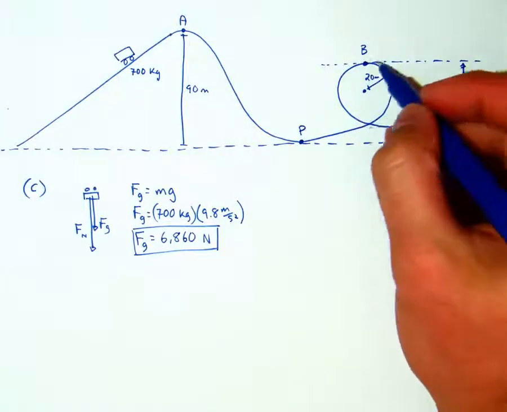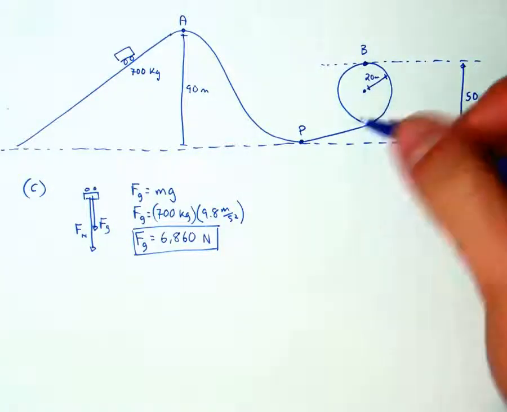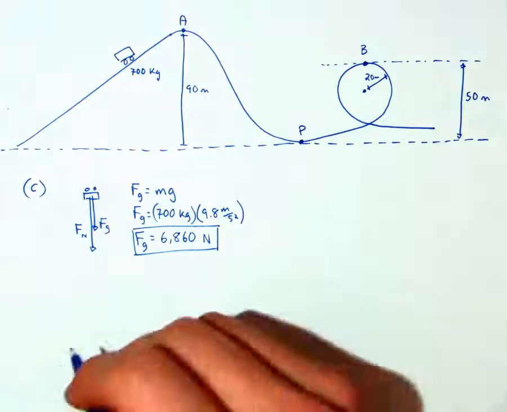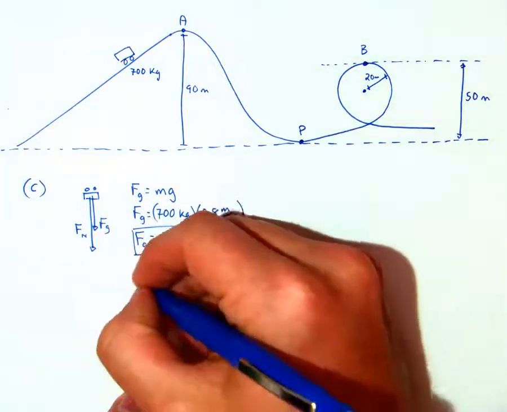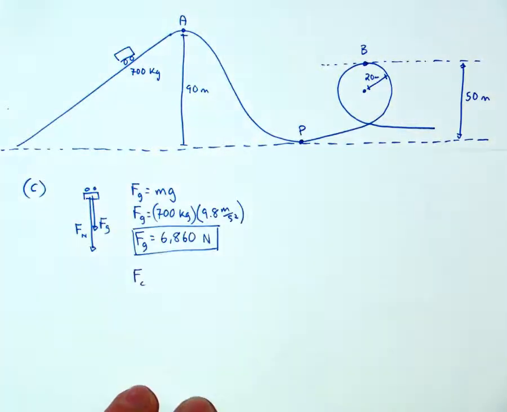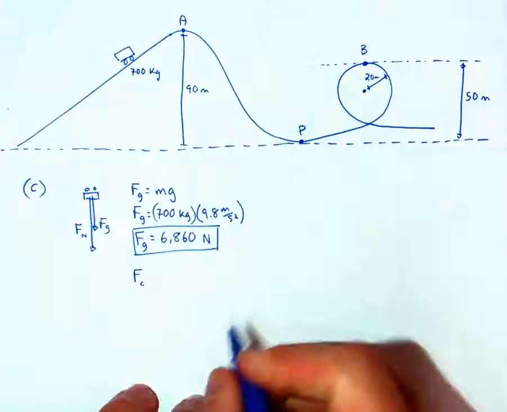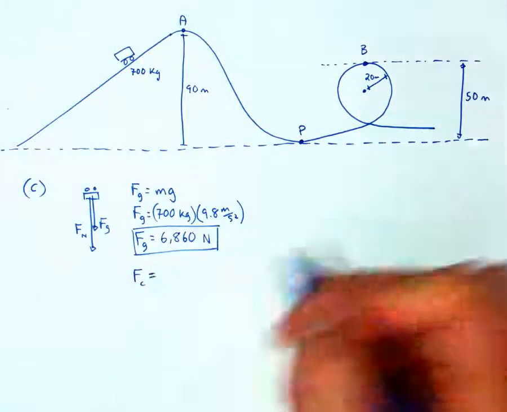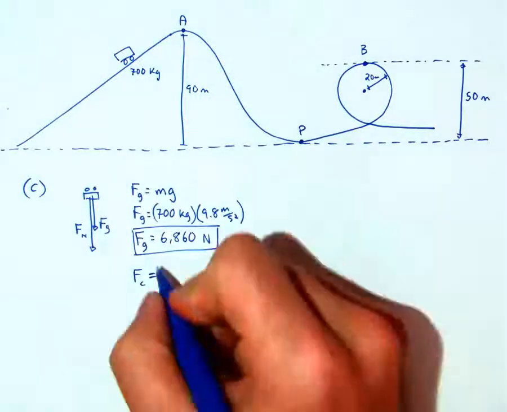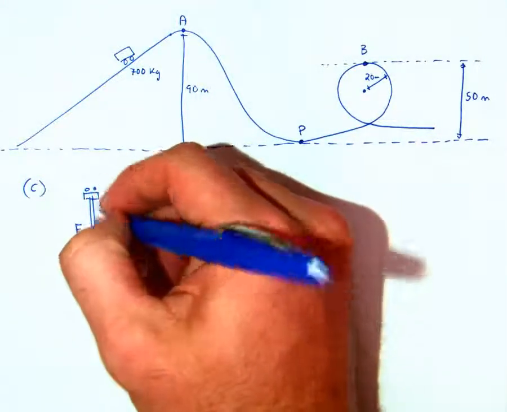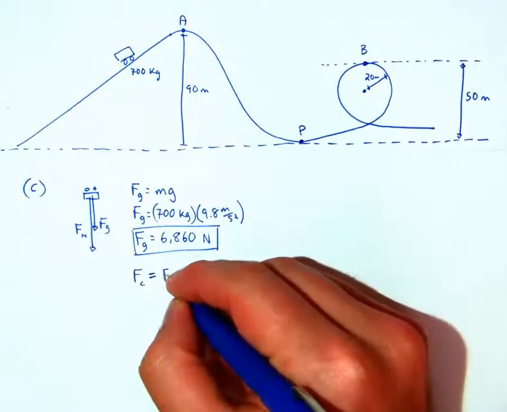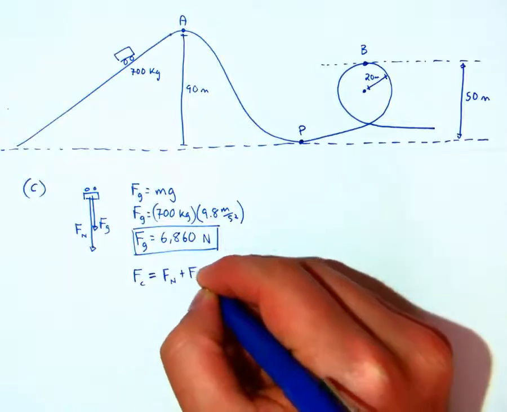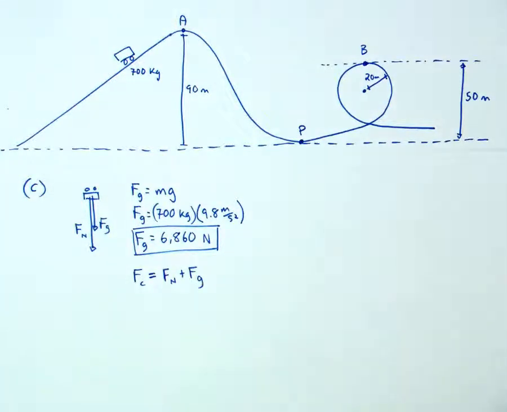Now, how do we find the value of the normal force? Well, we know that this is moving in a circle, so we can say that there is a centripetal force acting on this cart that is keeping it in circular motion. And because it's at the top of a circle, the centripetal force is going to be both the normal force and the gravitational force acting together, right?